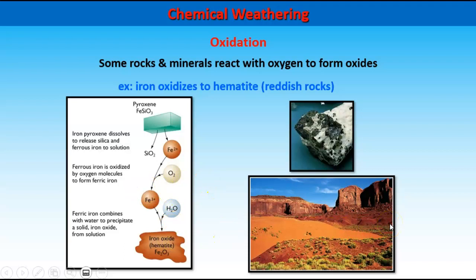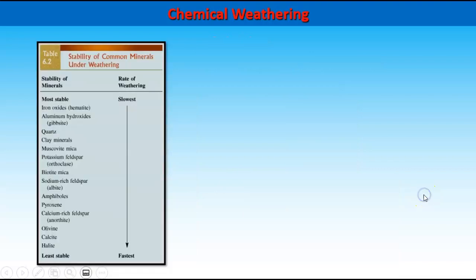It's very red typically, and you can see that a lot of times when you look at rocks and they're very red, it's an indication that there's some iron oxide in the rock. And so when you look at the rocks of Sedona, it's really the red rocks are there because of oxidation that's happened, and there's some iron oxide or hematite in those rocks.